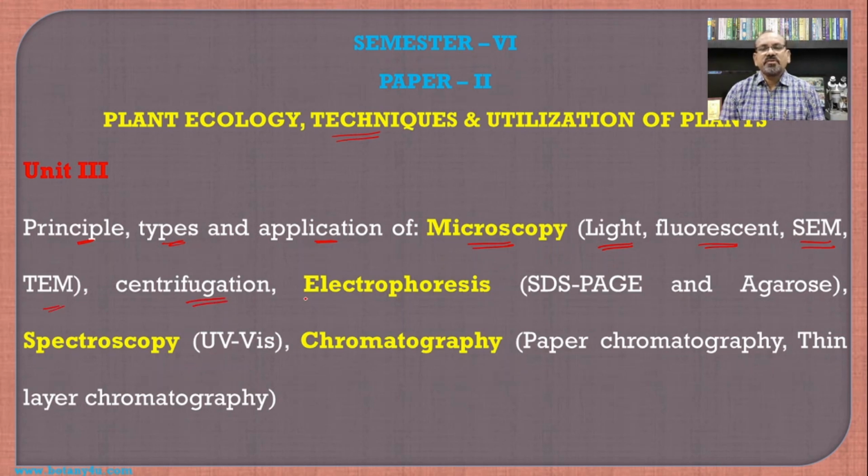Then centrifugation, electrophoresis, that is sodium dodecyl sulfate polyacrylamide gel electrophoresis and agarose gel electrophoresis. Then spectroscopy, that is ultraviolet and visible light. Then chromatography, which again includes two types, that is paper chromatography and thin layer chromatography.